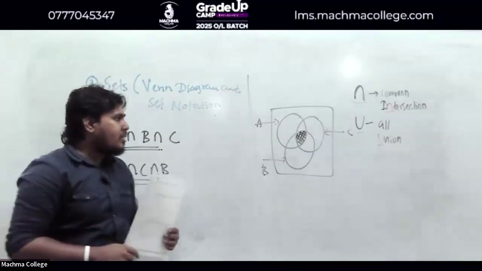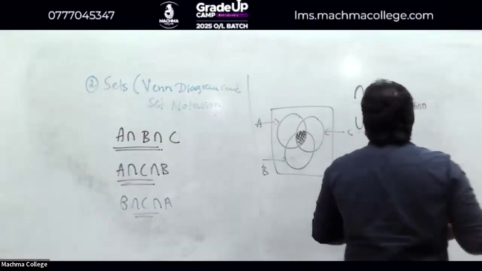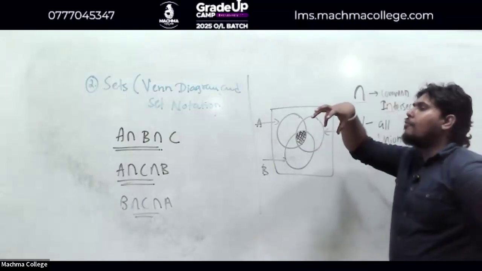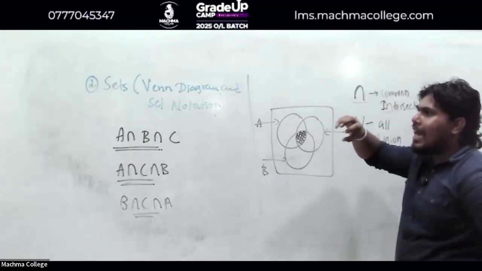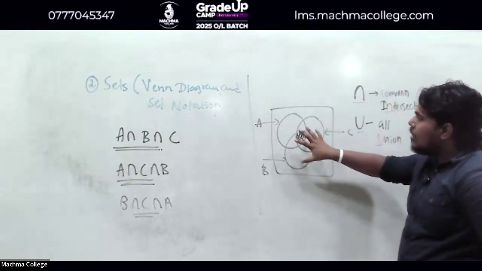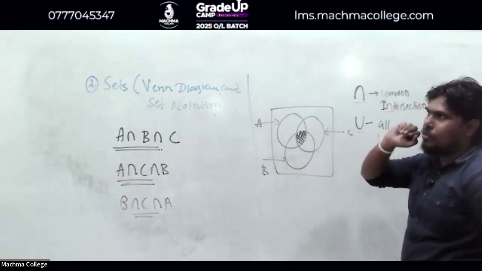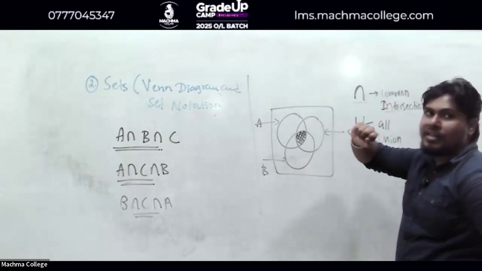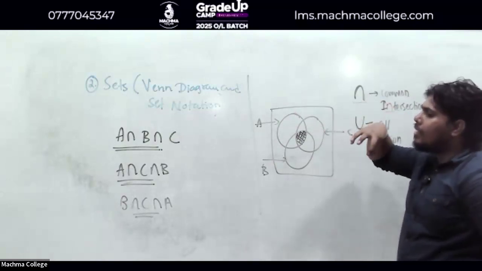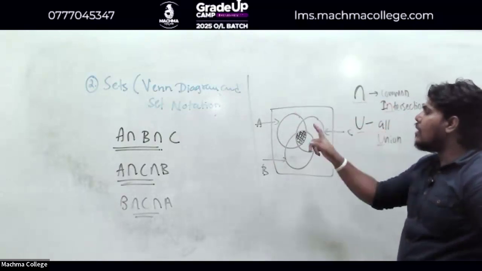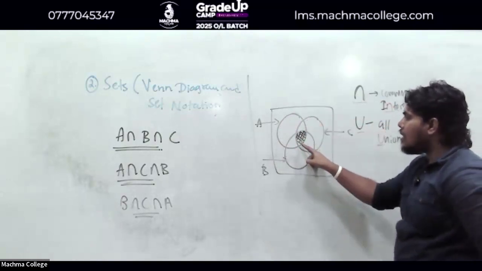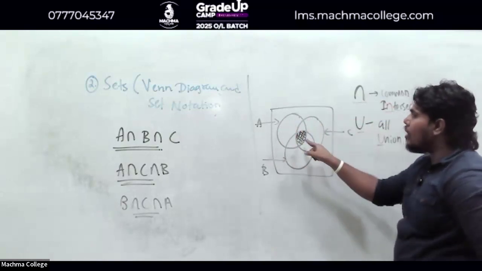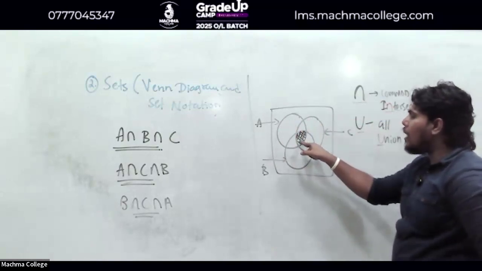Right. So here see, if a region is common, an area of sets is common for some number of sets. You see, for this A set, for this B set, for this C set, for all three of them, this small part is common.